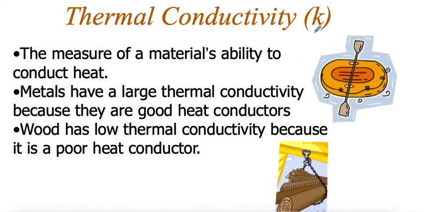K is what we use to represent thermal conductivity, and the greater the value, the better the conductor. Metals are going to have a large value, and wood or ceramics or glass, they're poor conductors, so those are going to have lower values. We're going to use this thermal conductivity constant, K, in equations to talk about heat transfer.